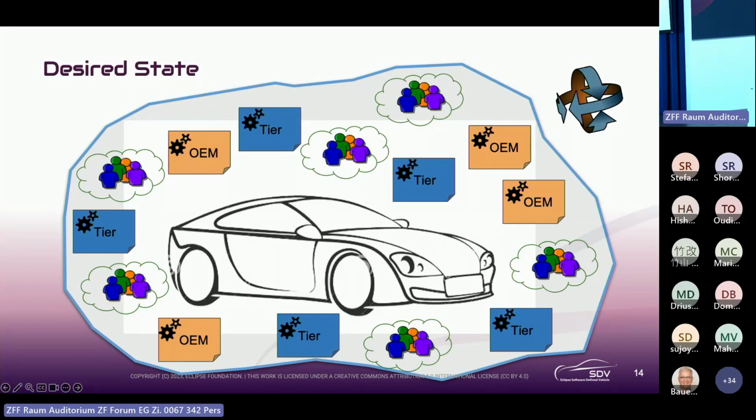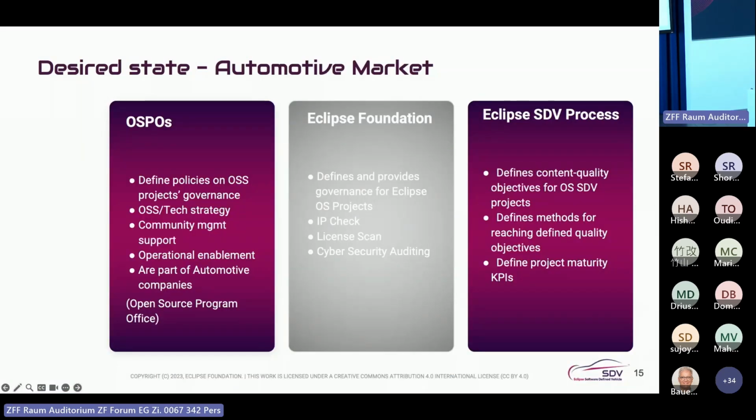And looking into the future, this would be the picture that we would like to see. So everybody joined, everybody working together, collaborating, exchanging information, and never mind whether you are OEM or tier or just an OSS contributor. And in order to do that, we think we would need to have, on top of the OSPOs and the Eclipse Foundation development process, an Eclipse SDV process.